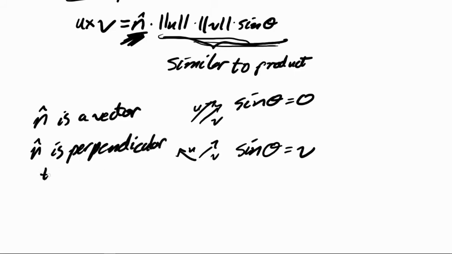So what that means is that between n hat and u, or n hat and v, you have an angle of 90 degrees. Now it's not possible to do this in 2D space because there's nowhere that really fits, but in 3D space you can go out and be at 90 degrees to both of them and get away from them as quickly as possible. But there's actually two vectors that have this property. One last thing, the size of n hat is equal to 1. So n hat is normal.